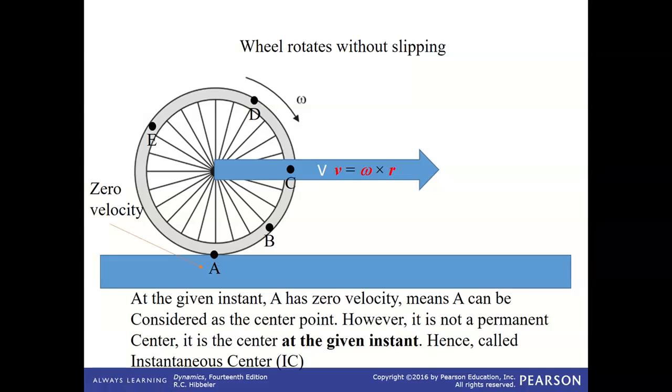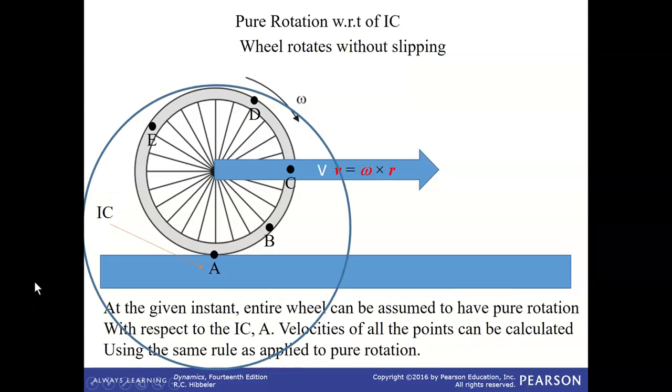So if we assume that A is the center point, then we can consider this wheel as a big disk, as shown in the figure, whose center point is at A, and all these are the points on the disk, and the disk is under pure rotation. So remember how we have replaced the rolling wheel in general plane motion with this big wheel which is in pure rotation.